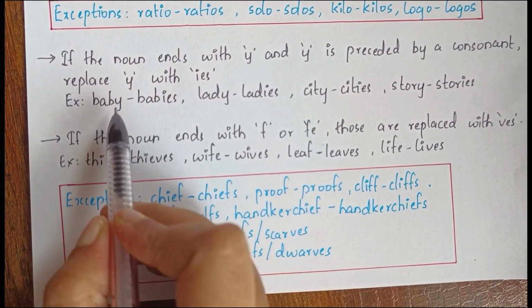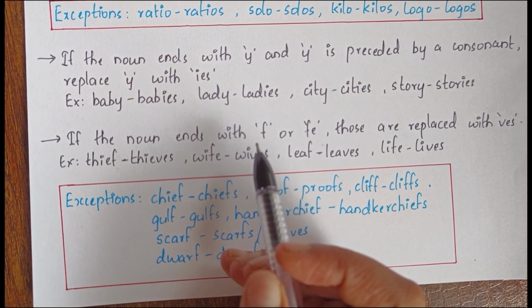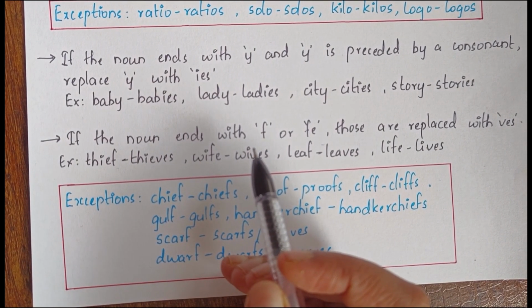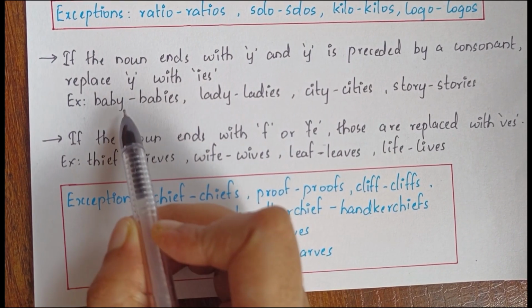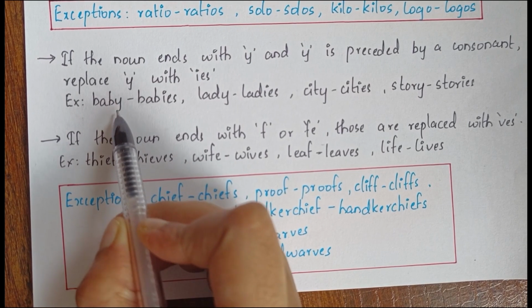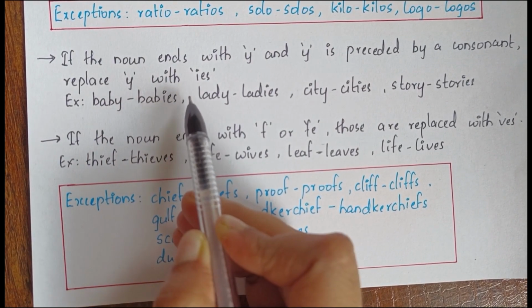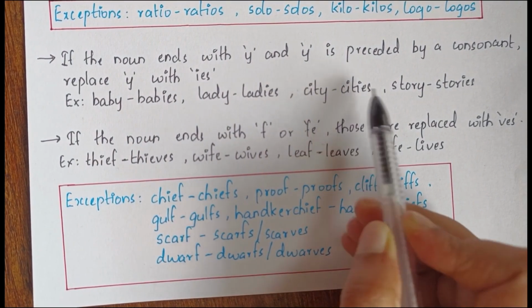Consonant means all those letters which are not vowels. That is, a, e, i, o, u are vowels and all other letters are known as consonants. So if the letter preceding y is a consonant, then we should replace y with ies. Baby, babies. Y is replaced with ies. Lady, ladies. City, cities. Story, stories, etc.